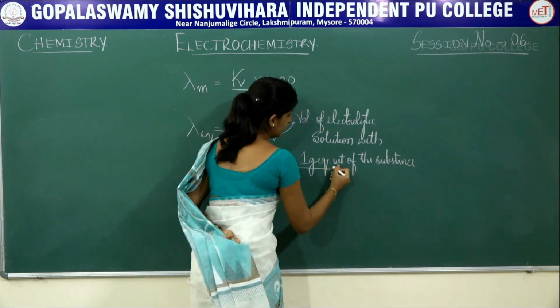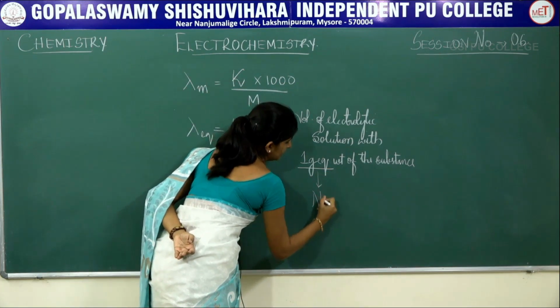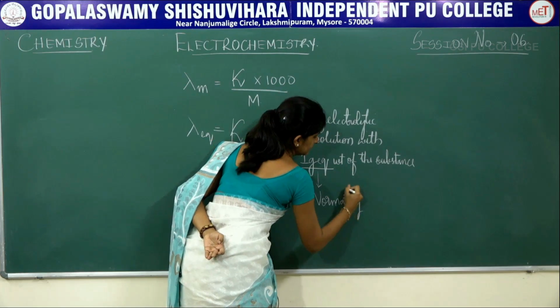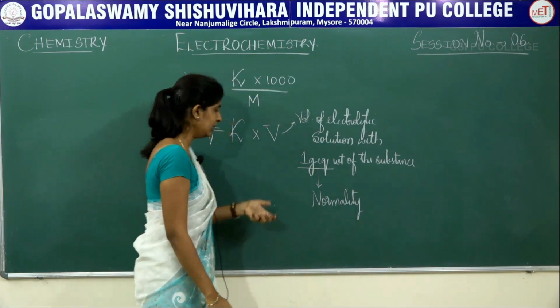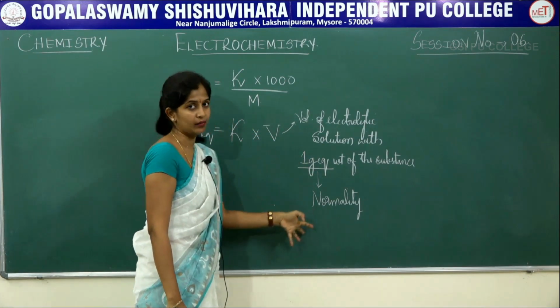So 1 gram equivalent weight in a solution is nothing but normality. 1 mole of a substance is related to molarity. In the same way, 1 gram equivalent weight of a substance is related to normality.